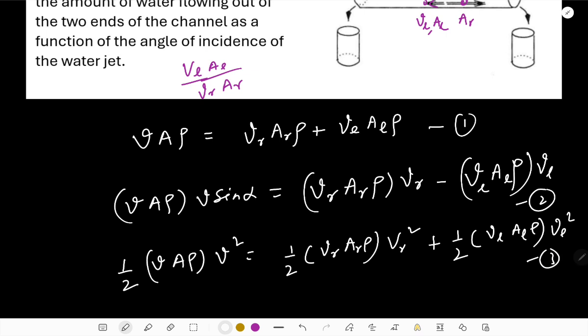But the system of equations from 1 to 3 is not yet sufficient to determine the desired water flow rate.